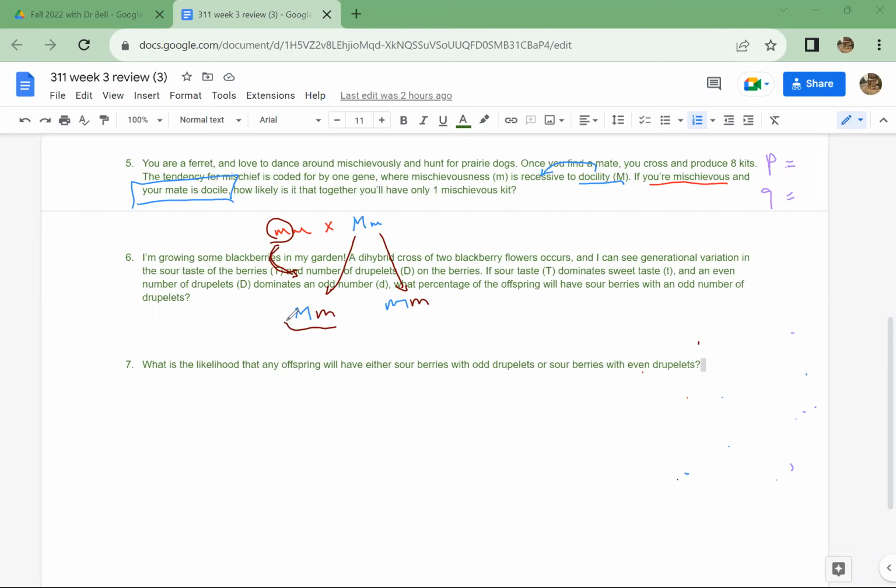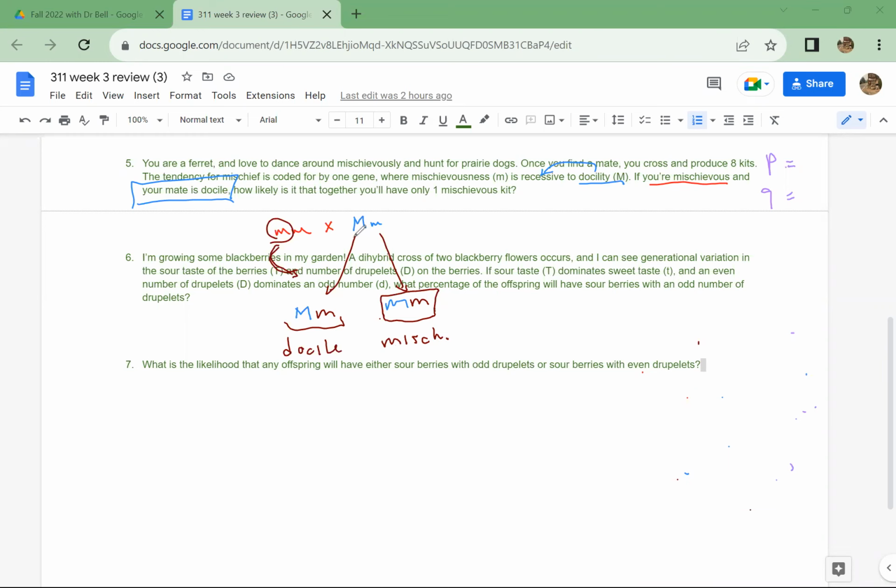So in this instance, this genotype corresponds to a docile phenotype, because docile is dominant. This genotype corresponds to a mischievous phenotype because it's recessive, and therefore a homozygous recessive individual, like we see in this genotype, would give the mischievous phenotype.